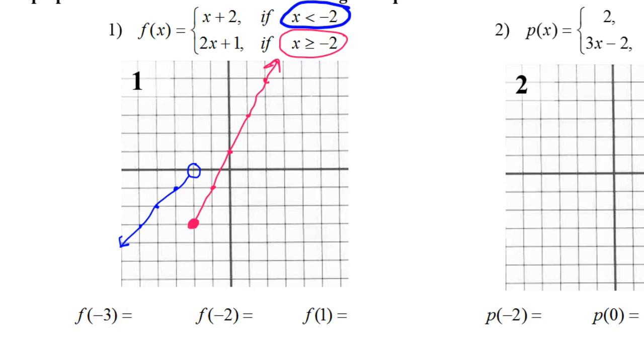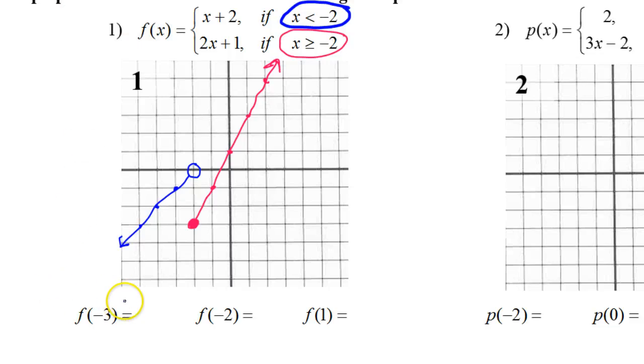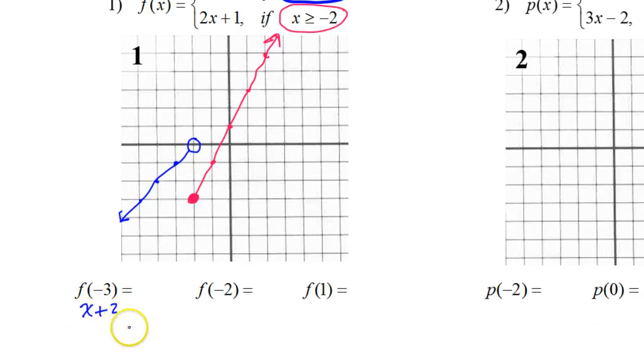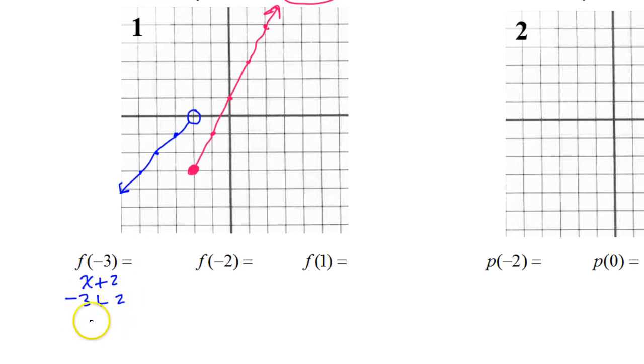That tells us that we have to use the top function, which is x plus 2. So if we do x plus 2, then that becomes -3 plus 2, which is -1. So that answer is -1.